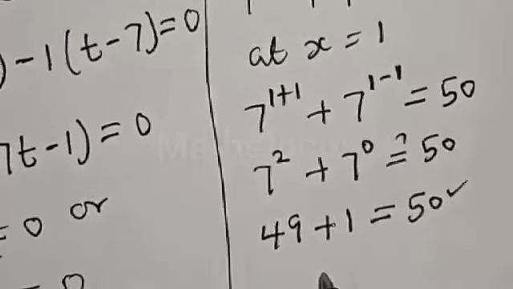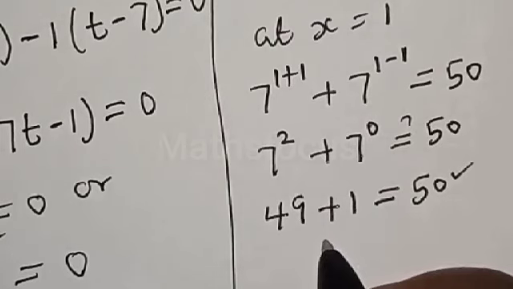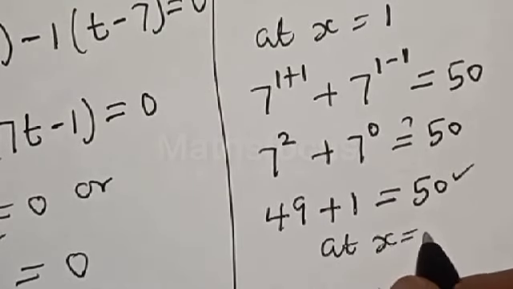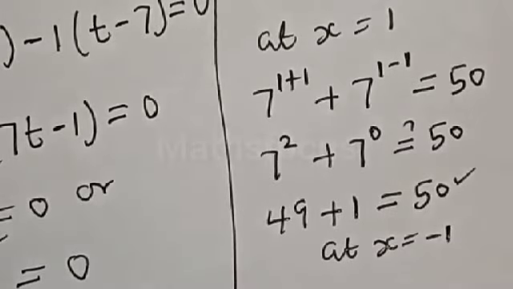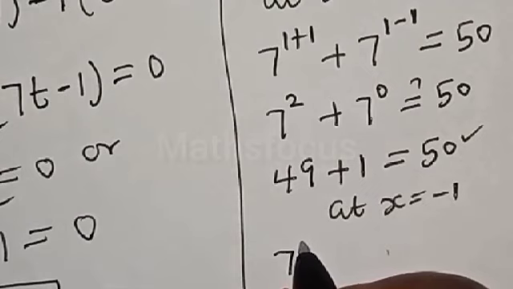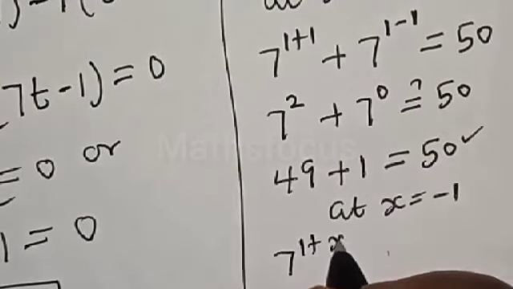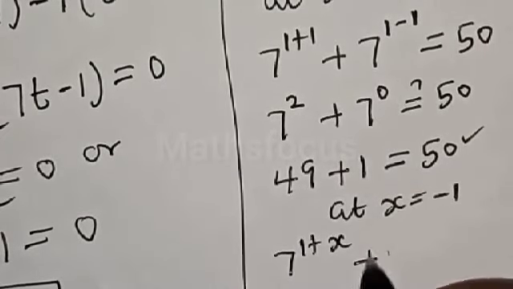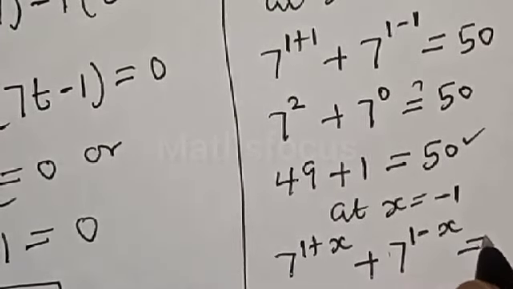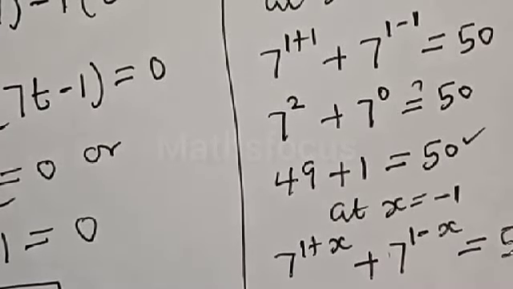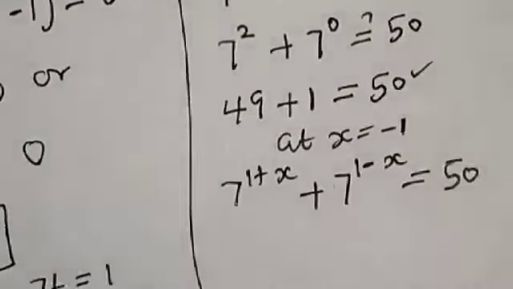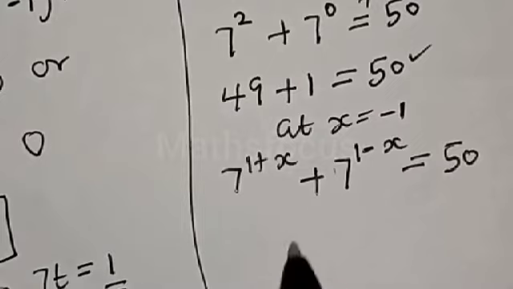Let's check at s is equal to minus 1. At s is equal to minus 1, now we have 7 raised to the power 1 plus s plus 7 raised to the power 1 minus s is equal to 50.